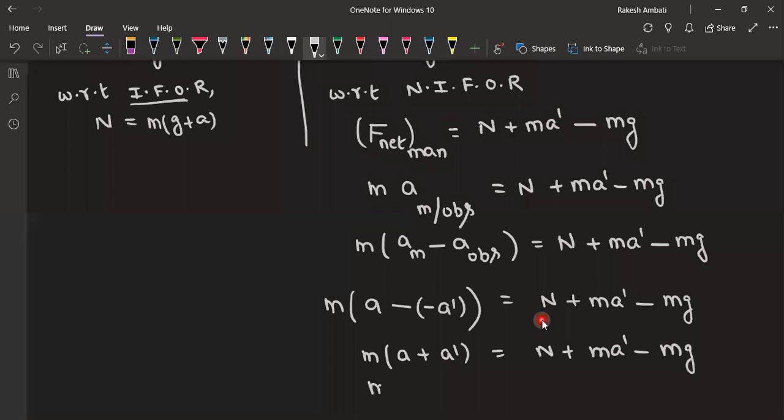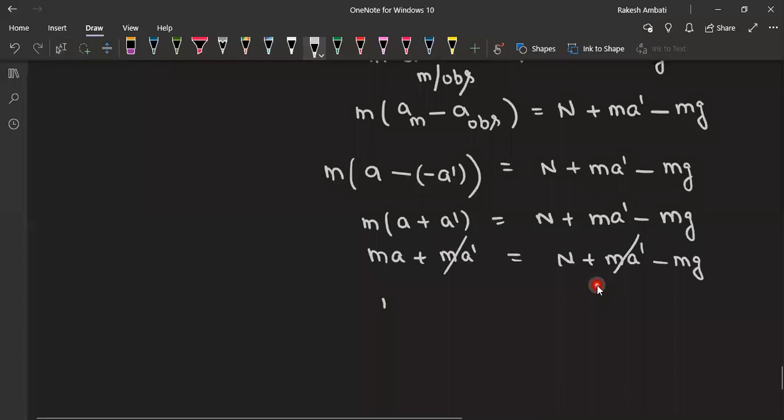Multiplying individually, ma plus ma dash equals N plus ma dash minus mg. If you observe here, ma dash cancels out. So after cancellation, we have ma equal to N minus mg. We have to find the normal force, so N equals mg plus ma.